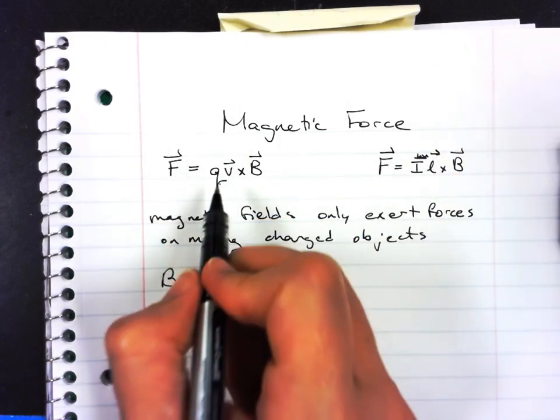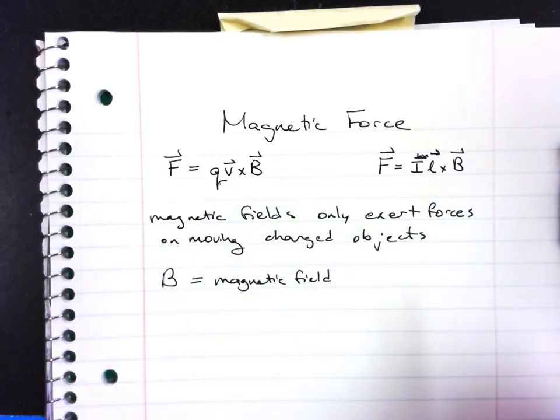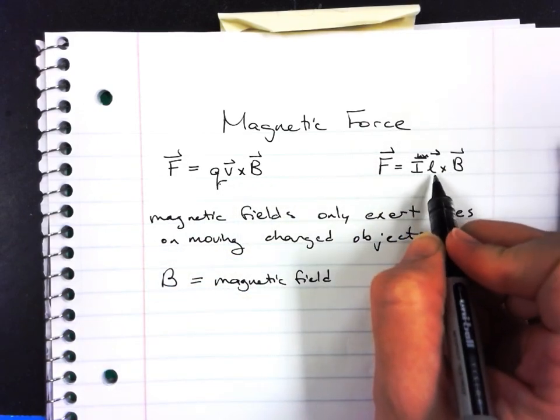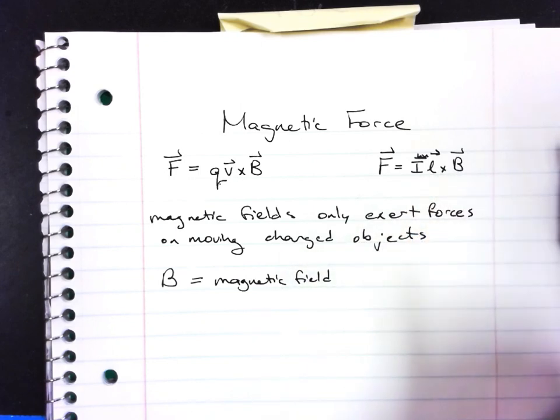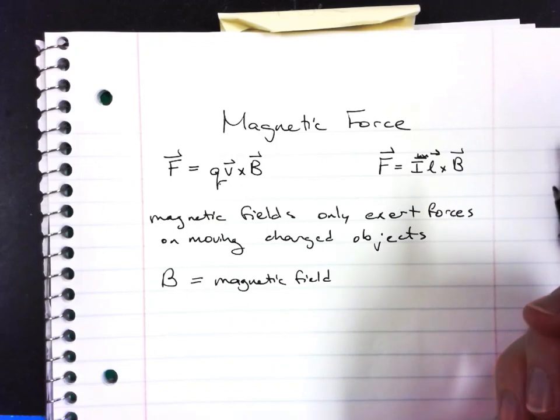So you know Q is charge, V is velocity, B is magnetic field, I is current, L is the length of the wire in the field, and then B is magnetic field.